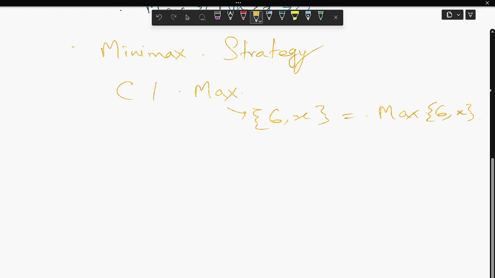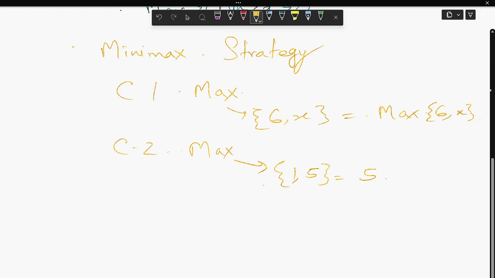Now the column 2 maximum, C2 max, will be the maximum of 1 and 5, so we will get 5.